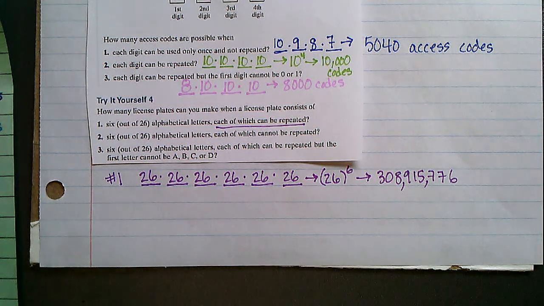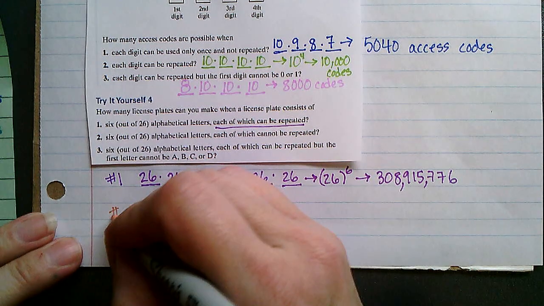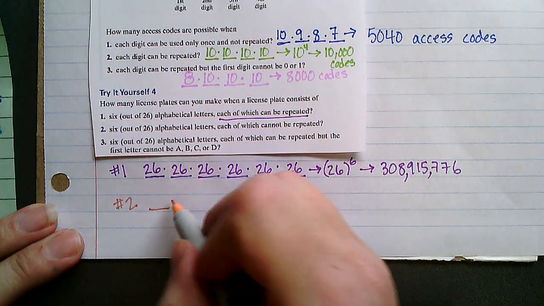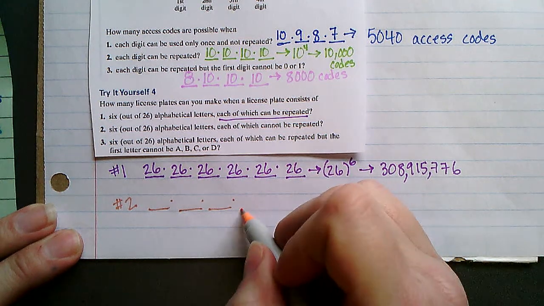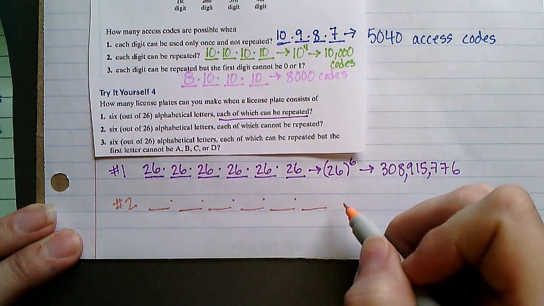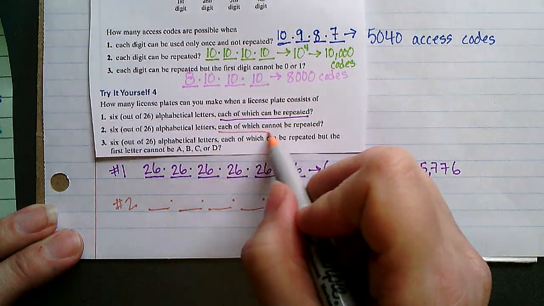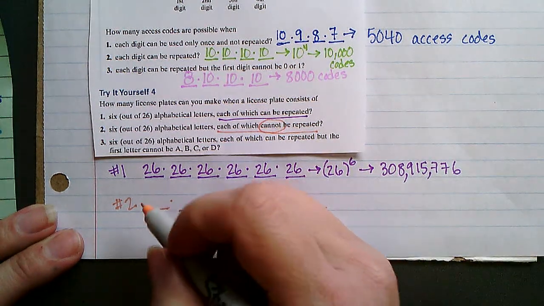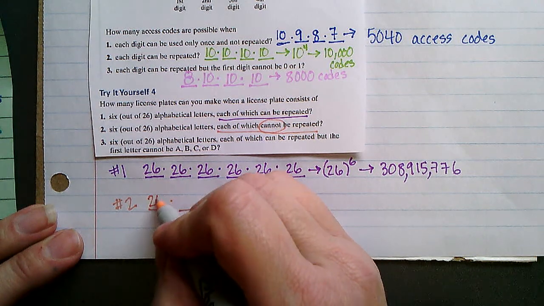Okay, next scenario. On number 2, we're still going to have 6 letters. So 1, 2, 3, 4, 5, 6 letters, each of which cannot be repeated. So my first decision, there are 26 choices.